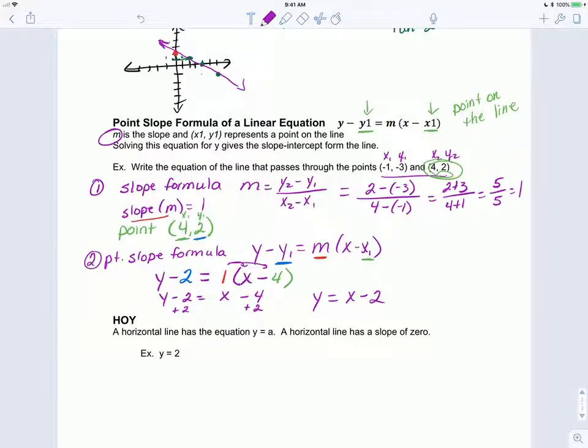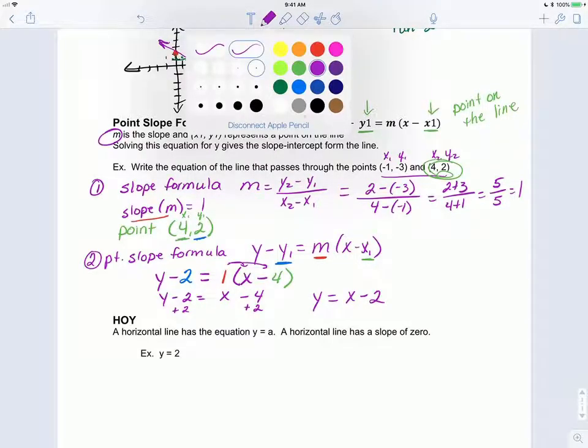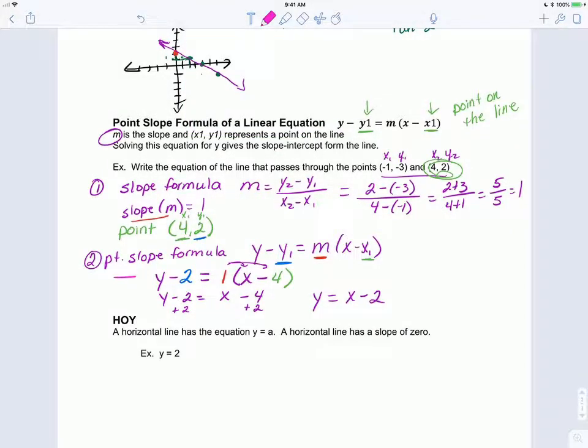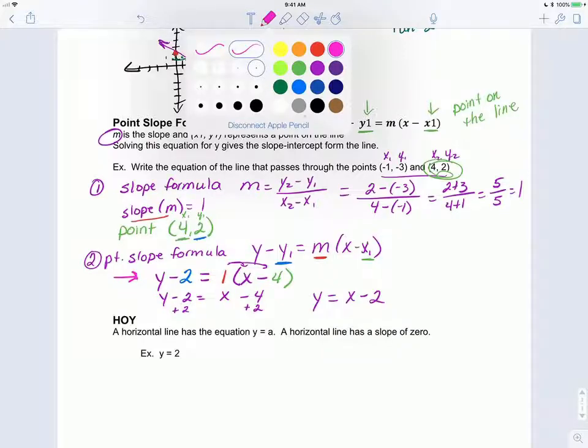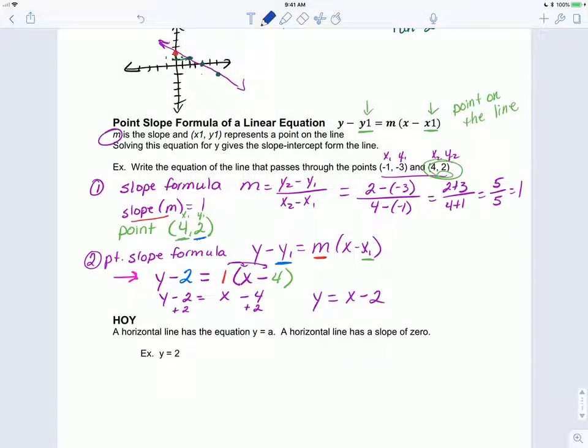So this form right here is my point slope form, and then we have solved that equation. So step 3 is to solve it, and we can put it in our y-intercept, y is equal to mx plus b format.